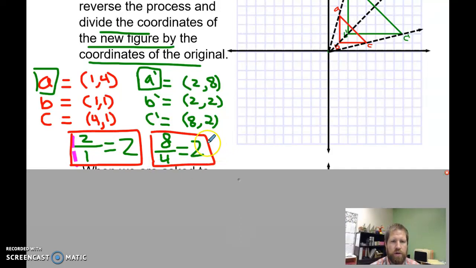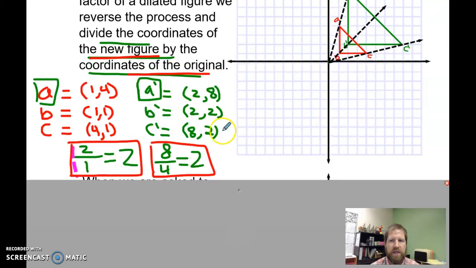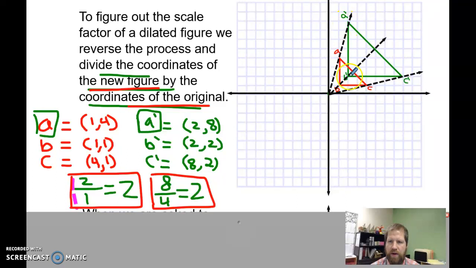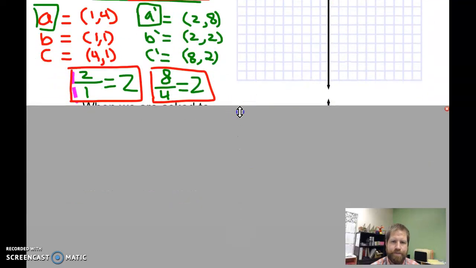You need to make sure that you're using the new figure and dividing by the original. If you set it up in the opposite way, you're basically saying this A prime, B prime, C prime is my original figure. What operation did I have to do to shrink it down into this smaller triangle? And that's not the case. That's not what we're doing.